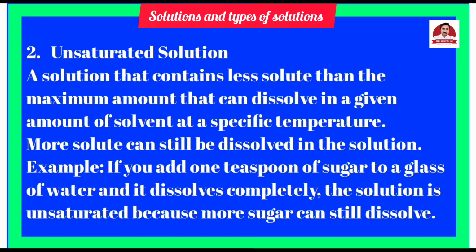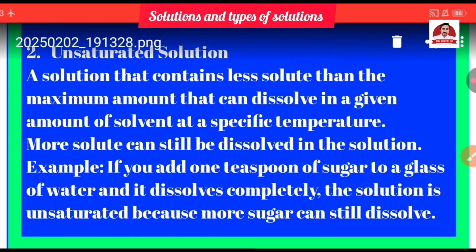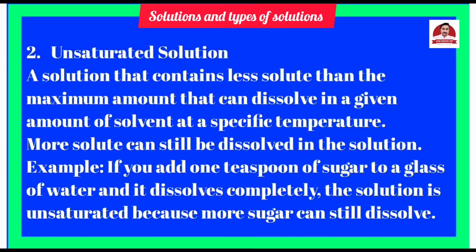More solute can still be dissolved in the solution. Example: if you add 1 teaspoon of sugar to a glass of water and it dissolves completely, the solution is unsaturated because more sugar can still be dissolved.